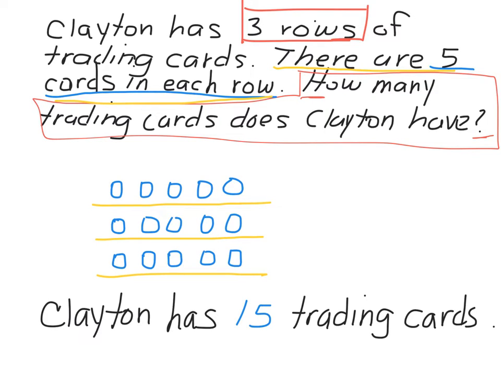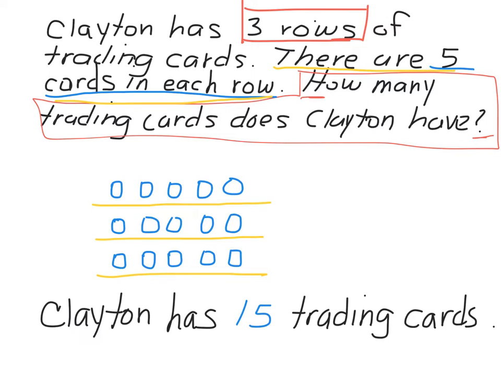Now, let's take a moment and look back at what we drew here. So how many rows did we make with the counters? The answer is 3. 1, 2, and 3 rows. Why did we place 5 counters in each row?